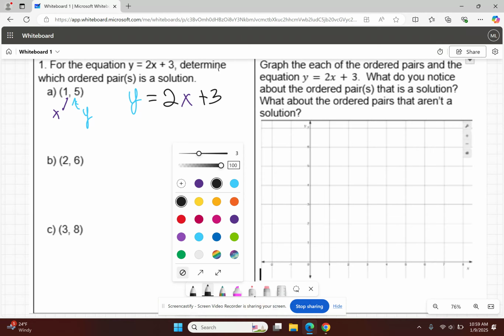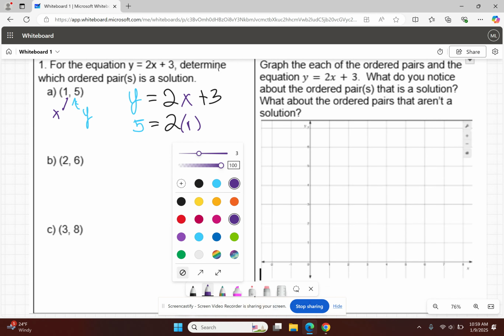We have our y value and our x value as determined by the ordered pair. I'm going to replace my y value with 5, because that's what y is equal to in this ordered pair. I'm going to replace my x value with 1, because that's what it is.